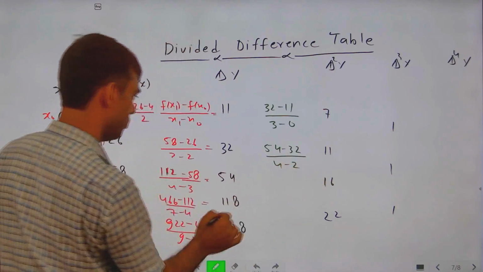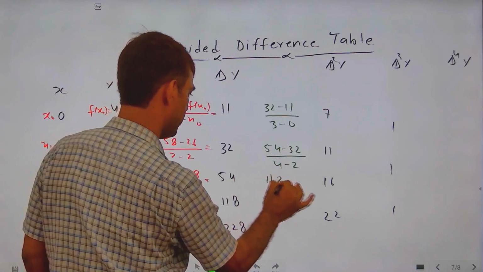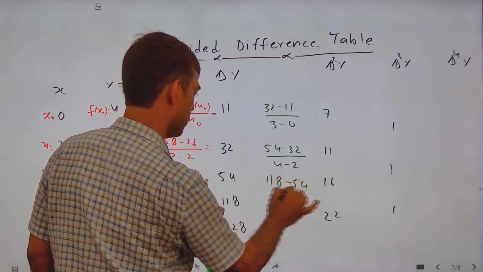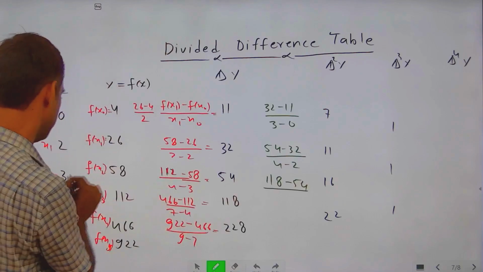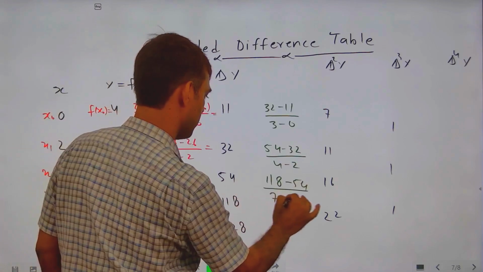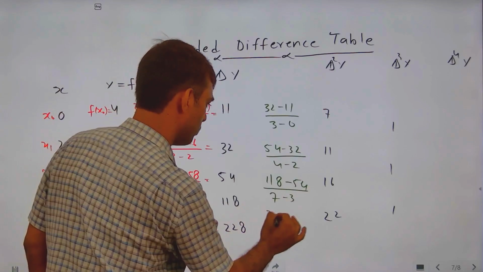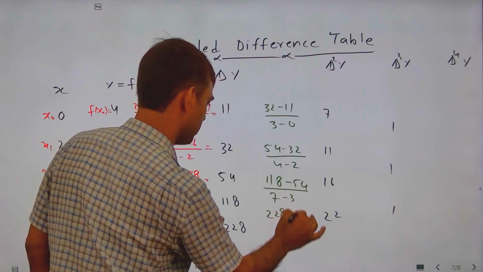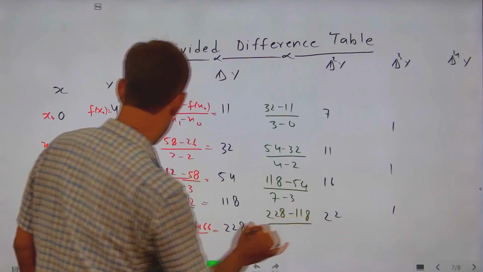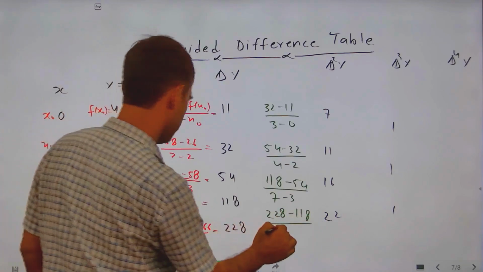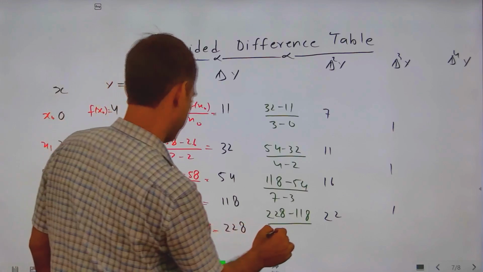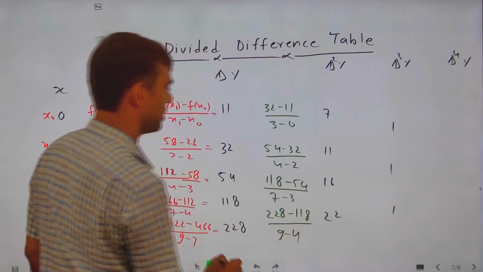Then 118 minus 54 divided by 7 minus 3. And the last one is 228 minus 118 divided by 9 minus 4. Then we get these results.